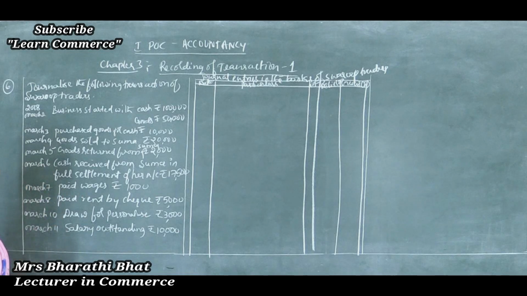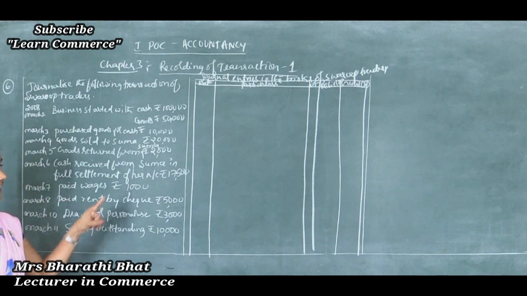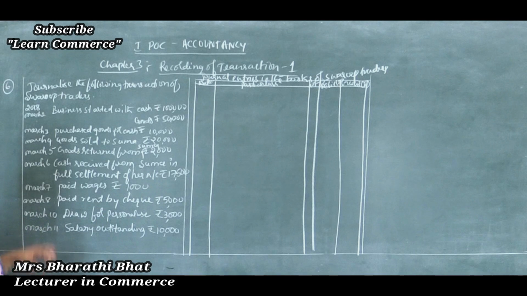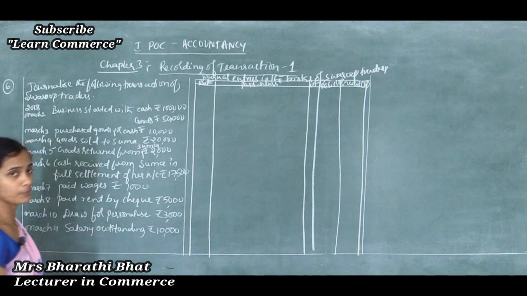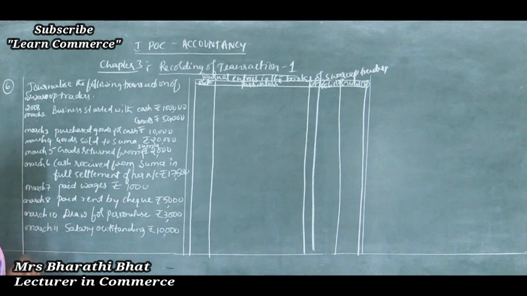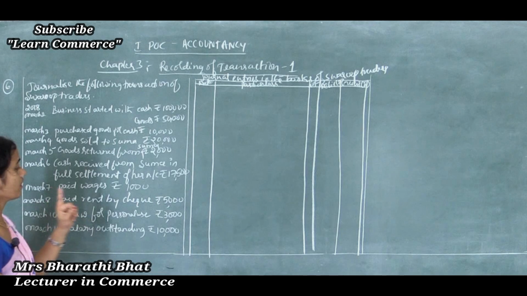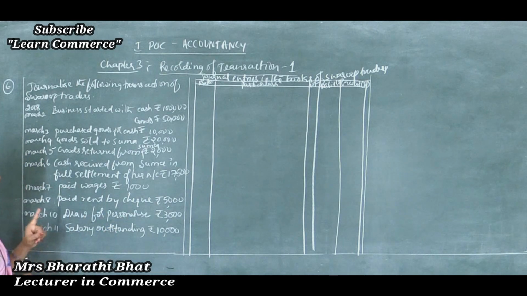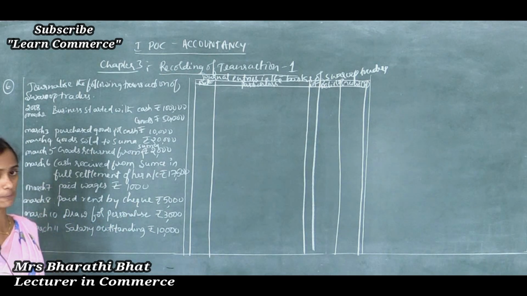Cash received from Suma in full settlement of her account 17,500. March 7, paid wages rupees 1,000, and March 8, paid rent by cheque rupees 5,000. March 10, drawings for personal use rupees 3,000. March 11, salary outstanding rupees 10,000.